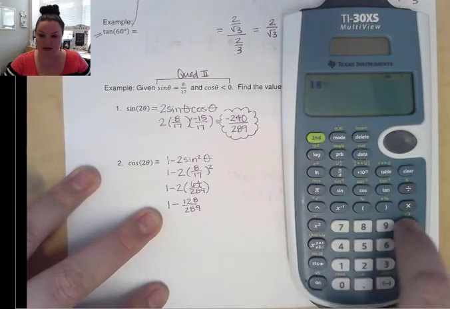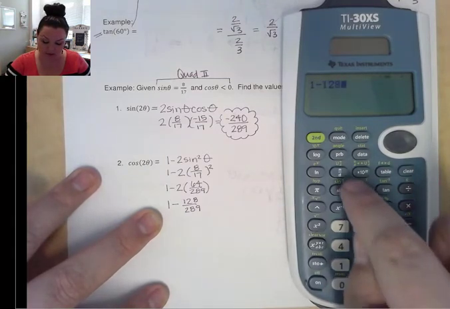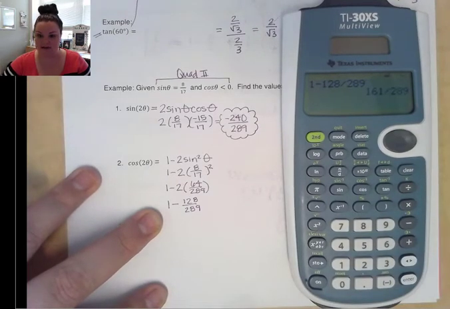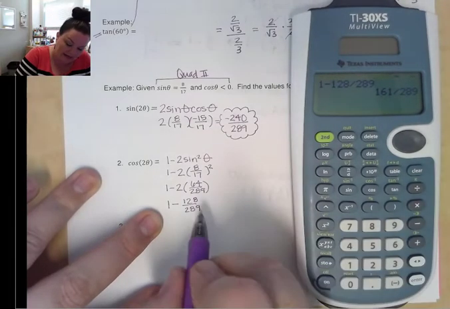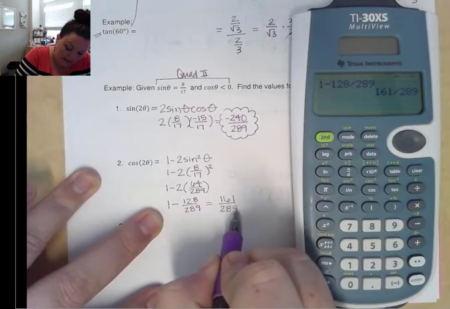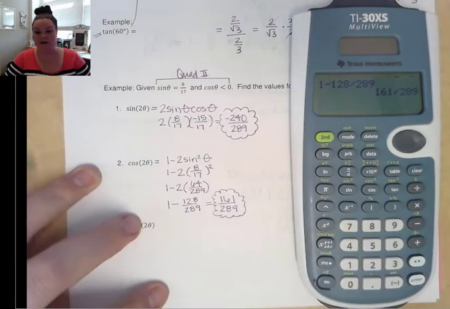We do 1 minus, and then you don't even have to use parentheses if you're using your fraction button. So you do 128 over 289. And it tells us that our final answer should be 161 over 289. And it saves you having to get the common denominator and all that stuff.